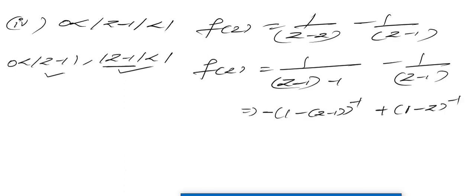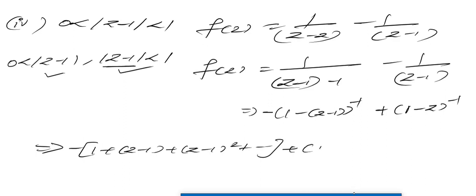I've taken the minus sign common out and shifted denominator terms to the numerator with inverse power and start applying the formula. So what we get: minus of 1 plus z minus 1 plus z minus 1 the whole square and so on, plus 1 by z minus 1.